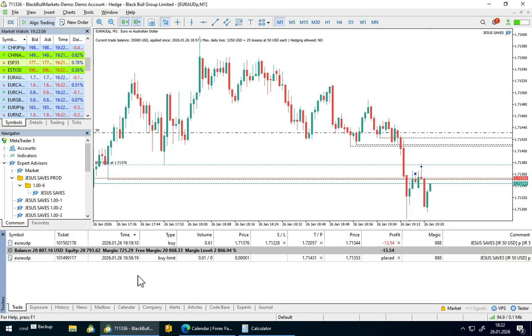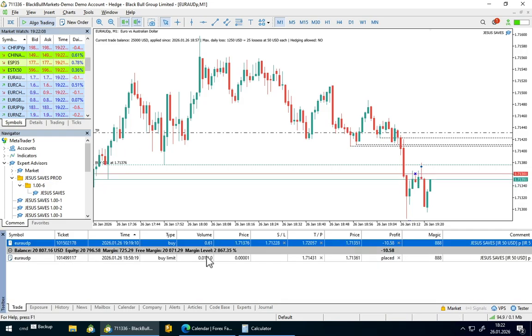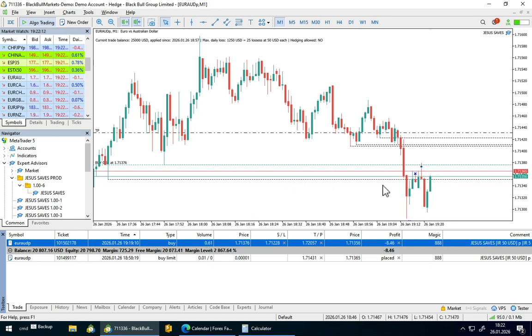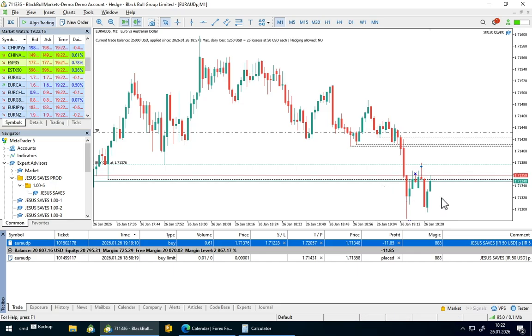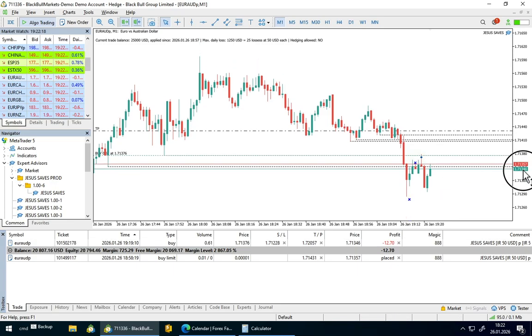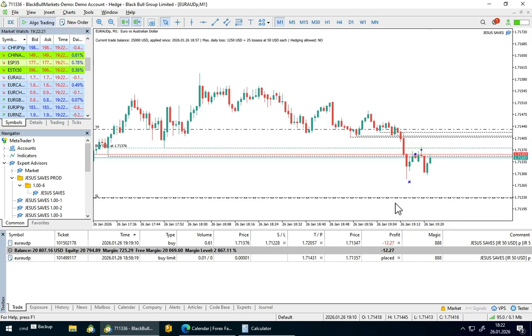Let's go here, we can see it better. This is 0.61 with a risk of 50 US dollars in this case. So when this thing is dropping and going through this level, hitting the stop loss, we are just losing about 50.